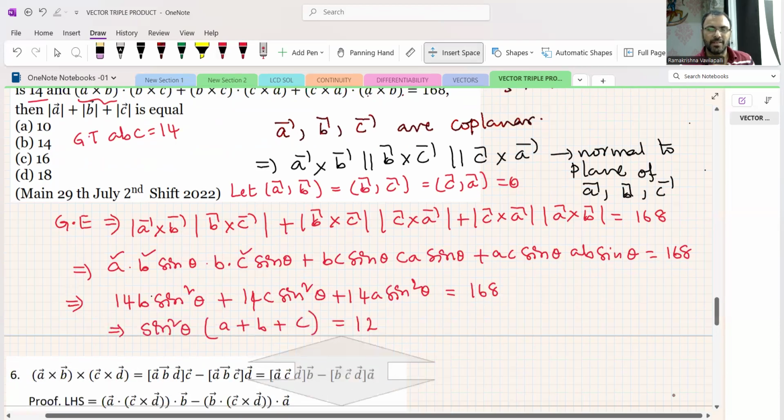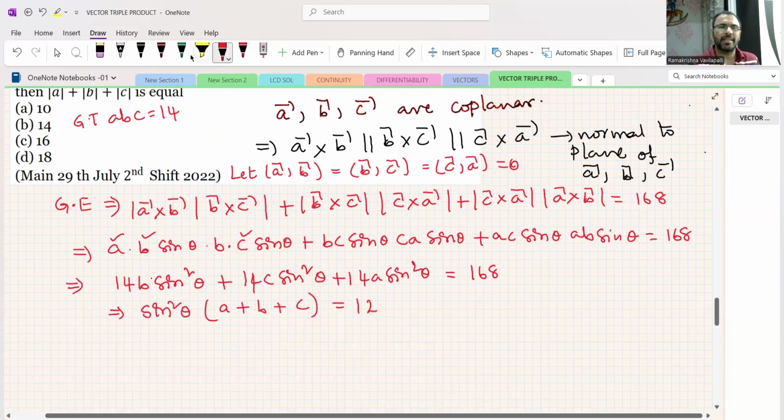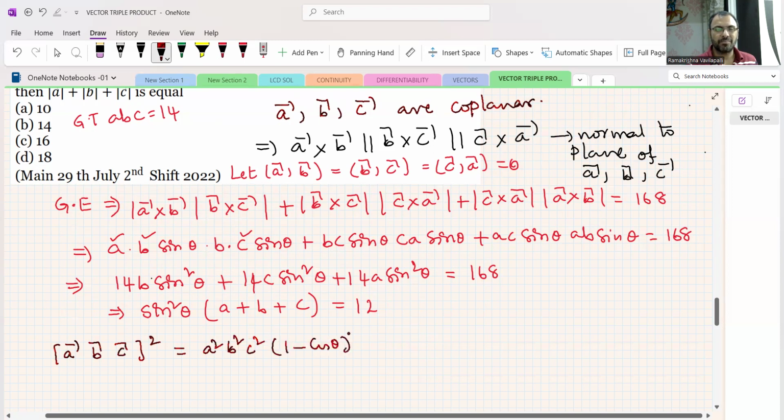All right. So you need to remember certain things at the right time. That box of A, B, C whole square is equal to A square, B square, C square into (1 minus cos theta) whole square into (2 cos theta plus 1). Okay. You please visit that scalar triple product.